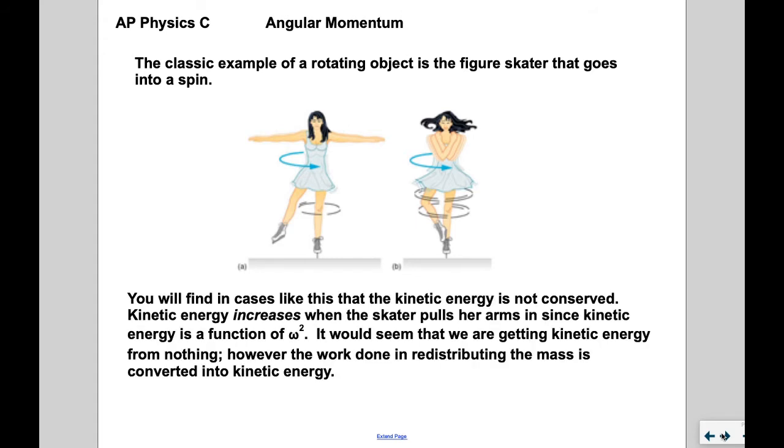You'll find in cases like this that the kinetic energy is not conserved. When the skater pulls her arms in, the kinetic energy increases because it scales with omega squared.